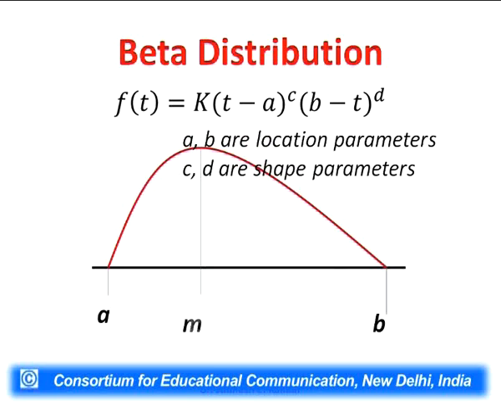C and d are shape parameters which will make the shape of the beta distribution, whether it is flat or we have a peak. If we have a smaller spread or a bigger spread, it will depend on the values of a and b.